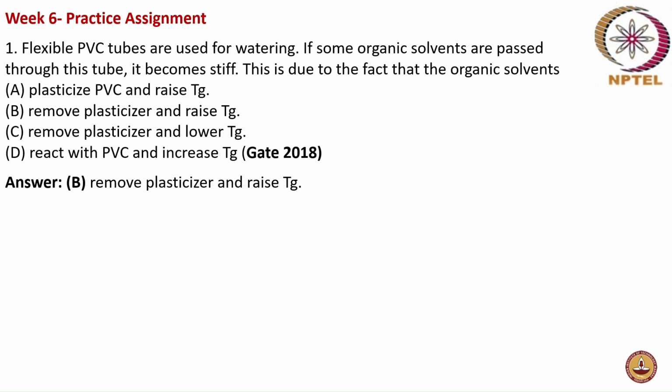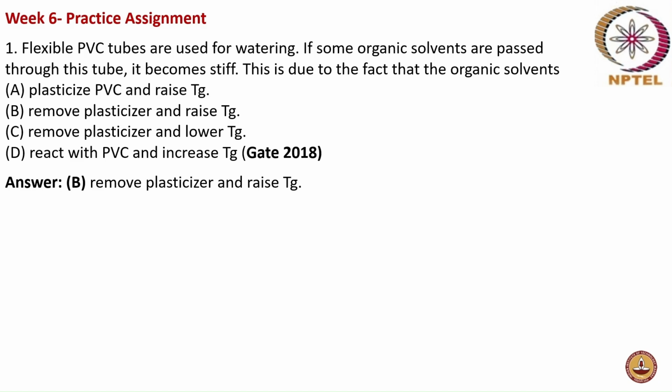So to make it flexible, they add some plasticizer. In fact, in one of the earlier lectures, it was discussed that because of the presence of the polar group, PVC has a higher TG, if I'm not wrong. So, plasticizer will be there in the PVC tubes to make it flexible, and that is used for passing water.